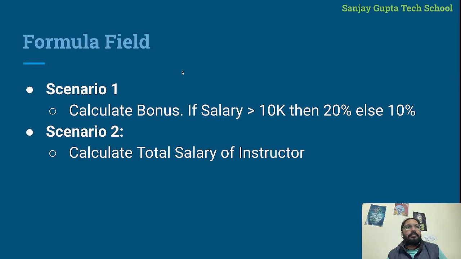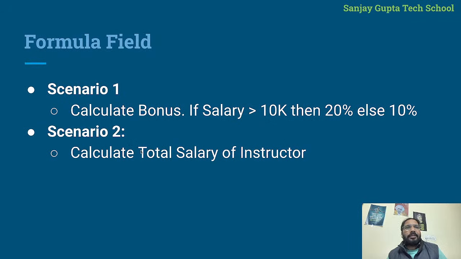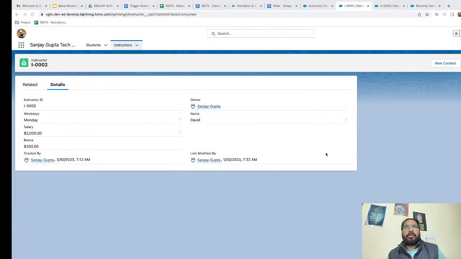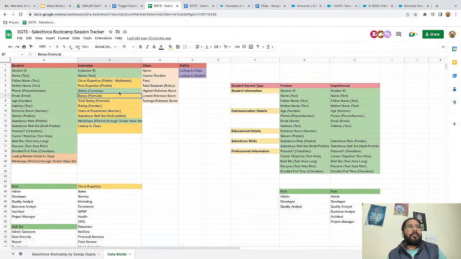Right, now we need to implement the next scenario, which says calculate total salary of instructor. Total salary means we created salary field, then we created a formula that is bonus. Now we need to create one more formula field, which is total salary. It means we need to add salary and bonus. If we combine both, total salary will be calculated.